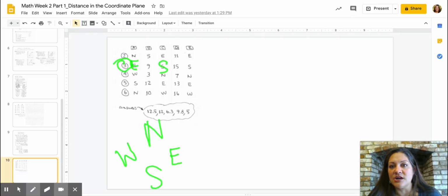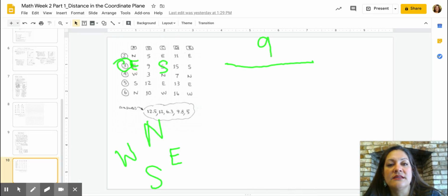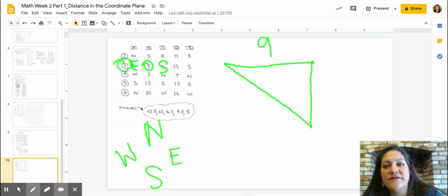Okay, so we are first going to travel east for 9. That's here. And then south, which just means down. And we're going to end up 15 miles away from the start.